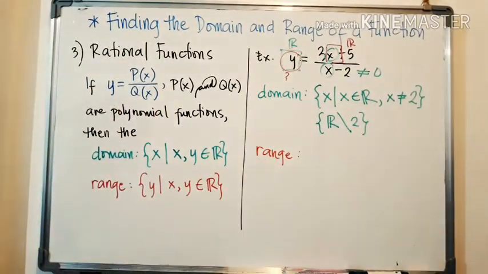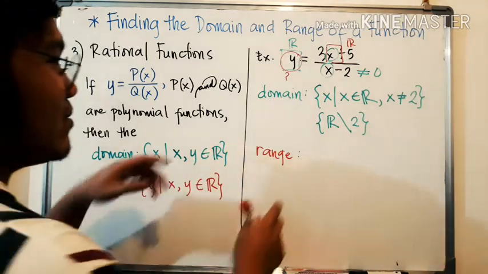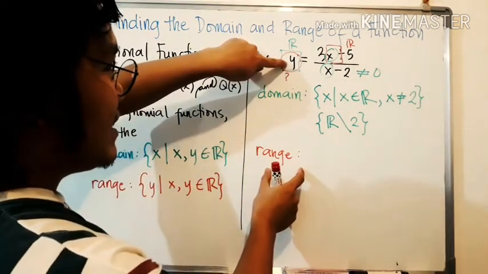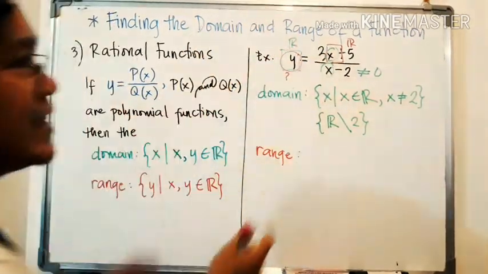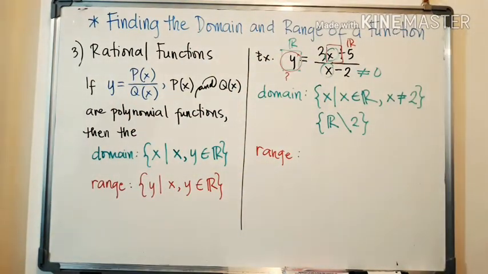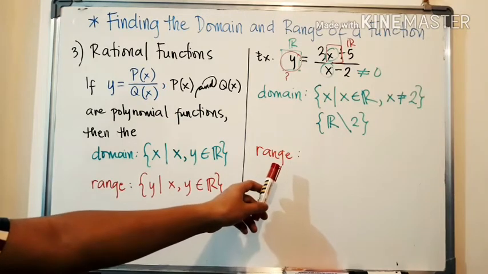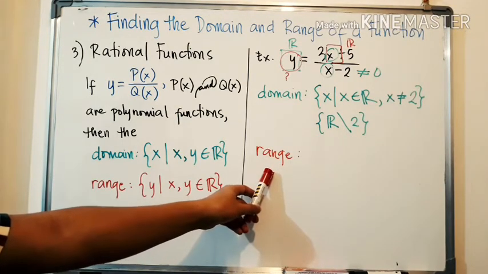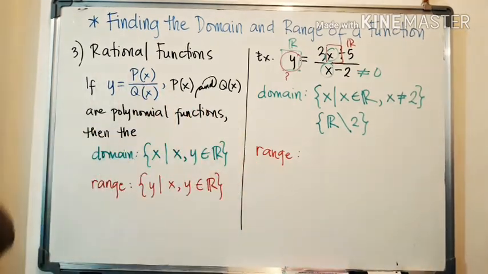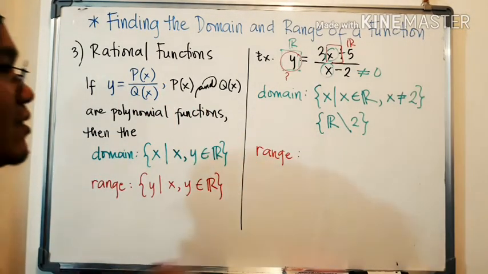Okay, kabaliktaran na ngayon. Ano mga possible values ng y wherein the values of x are defined? So, para mahanap natin ang range, we have to solve for x in terms of y and then find the restriction.